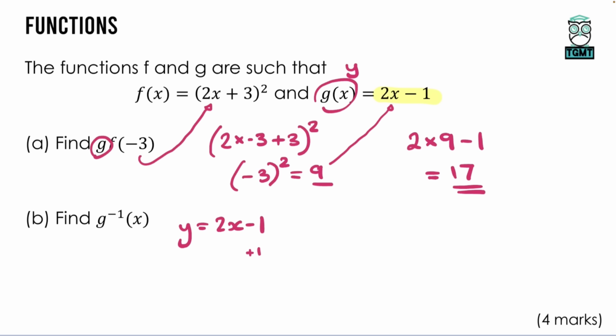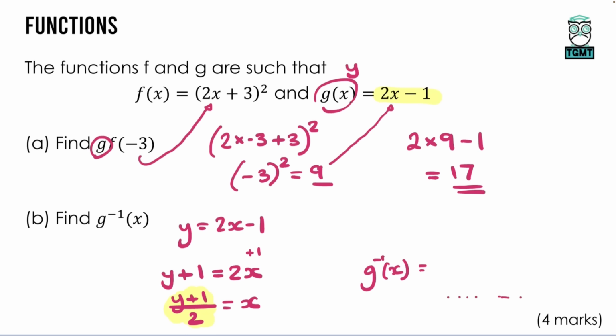So if we add 1 to both sides, we get y plus 1 is equal to 2x. And then I can divide by 2, giving me (y plus 1) divided by 2 is equal to x. Now my inverse function is this one just here. The only thing we have to do is on the dotted line, it will normally say in a question like this, g to the minus 1 of x equals, and then give you a space to write your function.